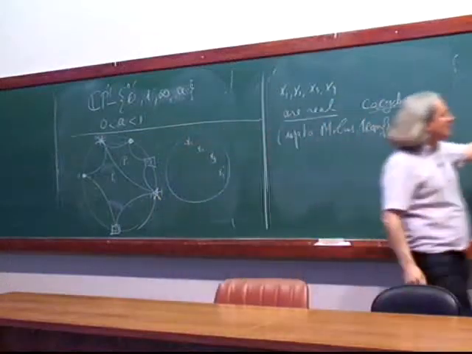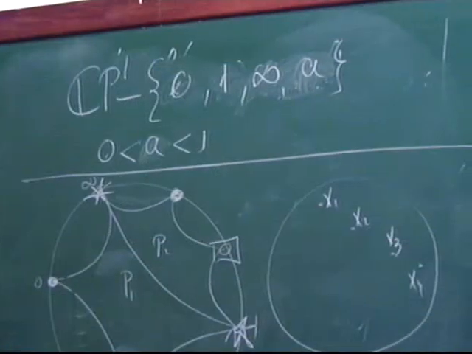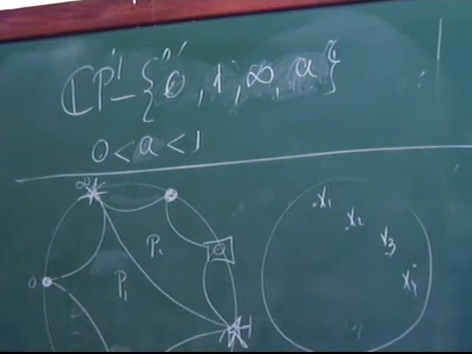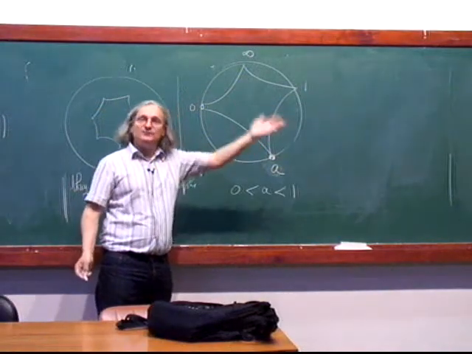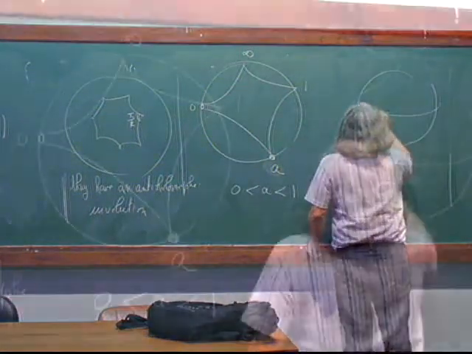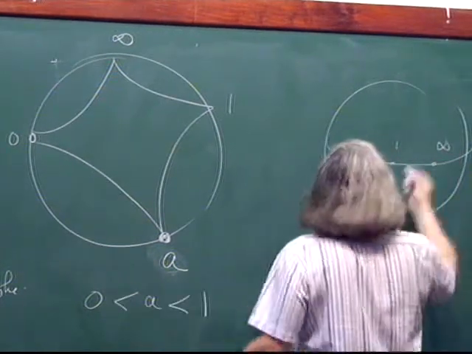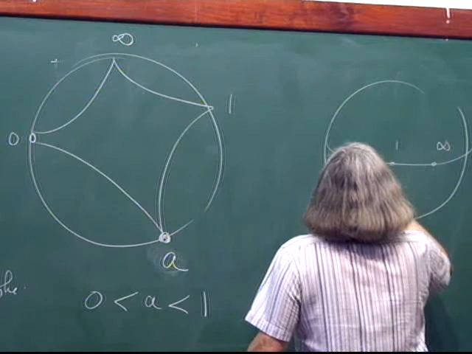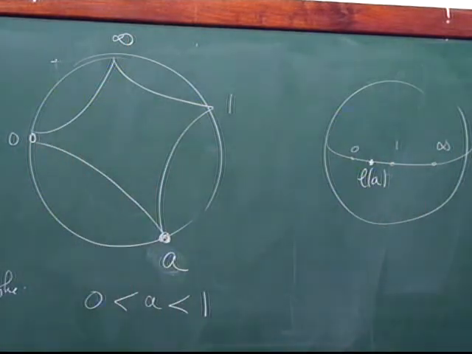For each value of a between 0 and 1, I play the game of symmetries, etc., and this constructs for me 4 points on the sphere. These 4 points, I can call them on the line, 0, 1, infinity, and the fourth I can call L of A. The fourth point is a function of A.